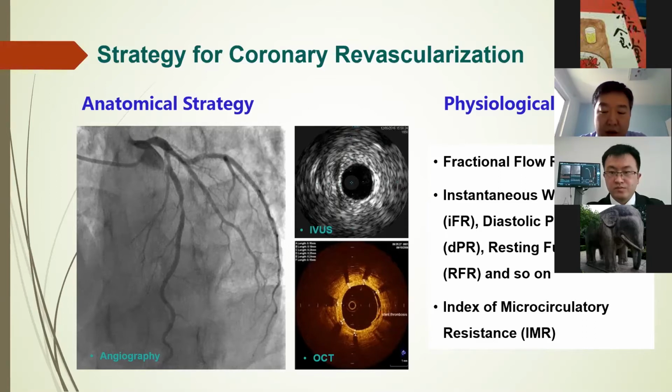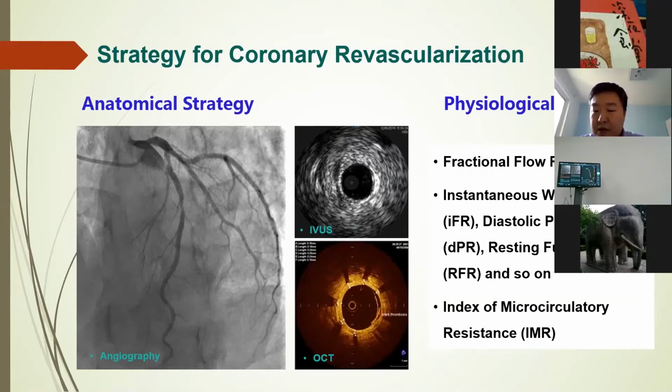Both FFR and iFR are used for coronary revascularization in order to cure the myocardial ischemia due to the coronary stenosis, that's epicardial coronary stenosis. We call it the macro stage. But many patients have microvascular disease. So Dr. William Fearon proposed another parameter, called the index of microcirculatory resistance.